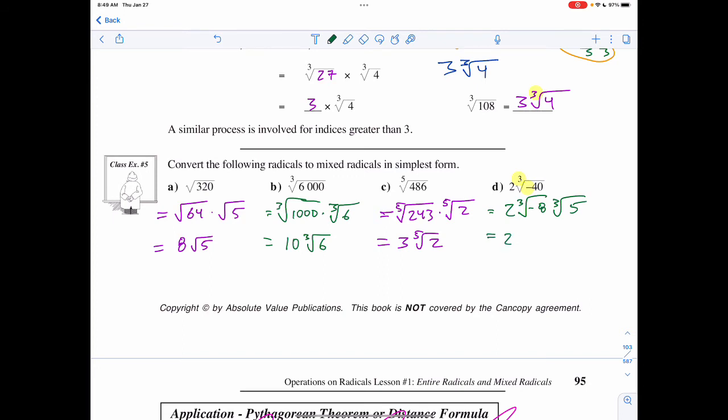This is the same as 2, and cube root of 8 is negative 2, and the cube root of 5. And 2 times negative 2 is negative 4, and the cube root of 5.